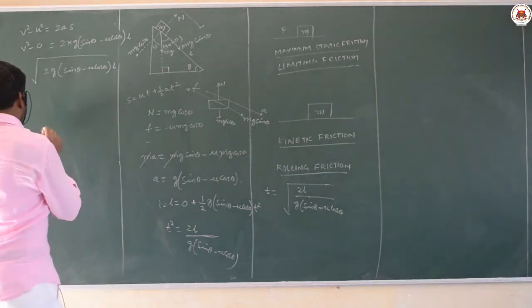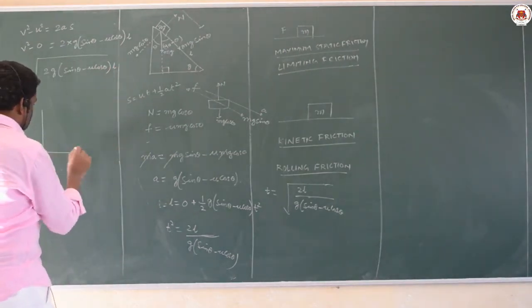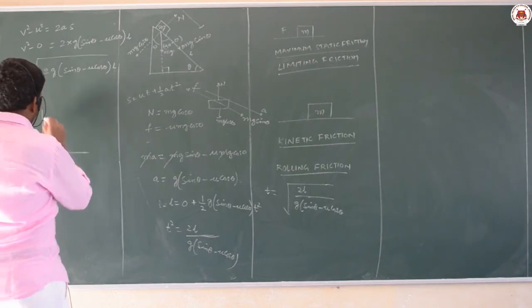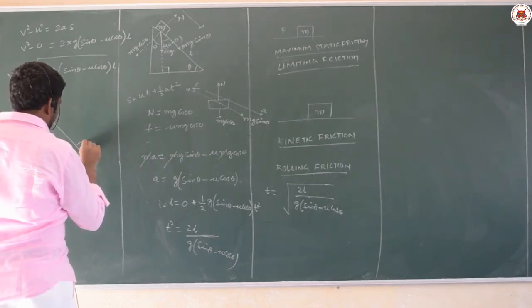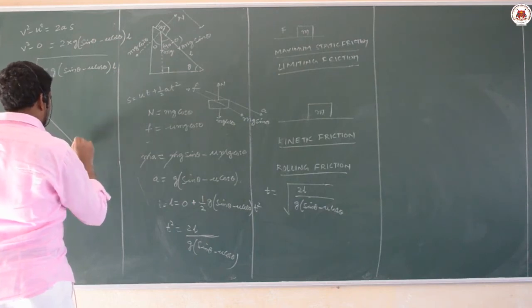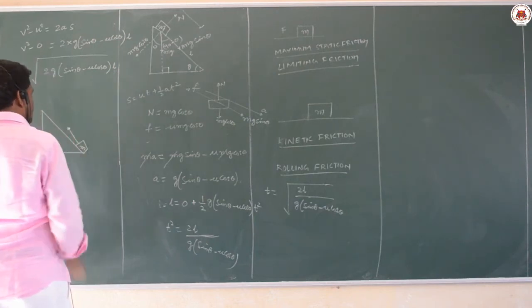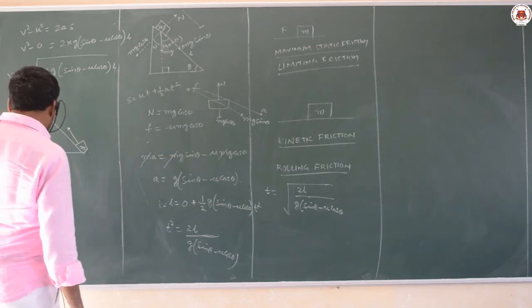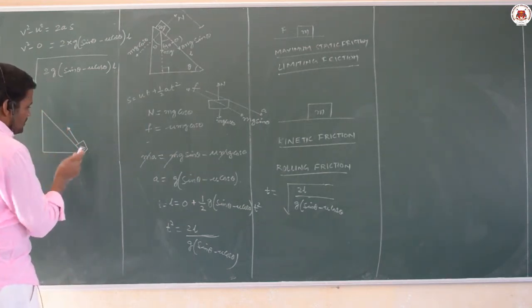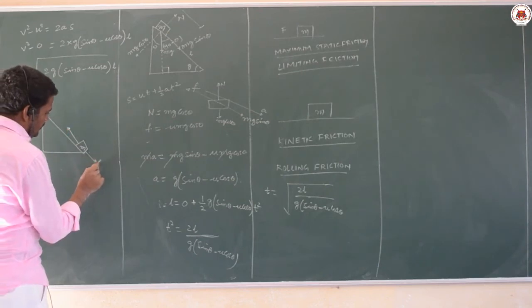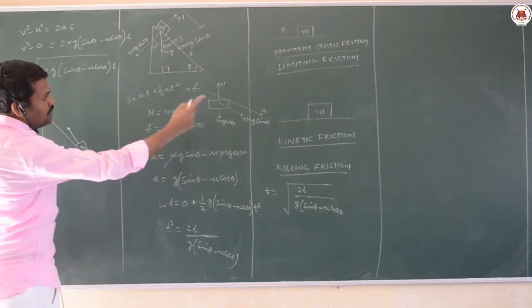Suppose the body is moving upwards. In this case, frictional force acts down, and mg sin theta is also acting down.